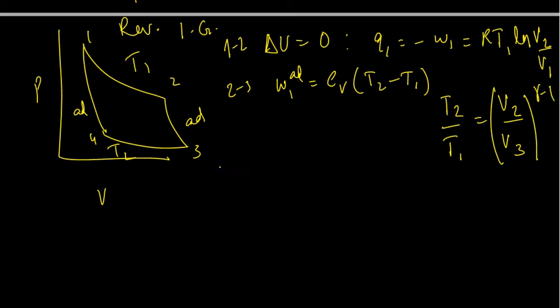Now, again, in the step 3 to 4, we again have delta U is equal to 0, right? And Q2 is equal to minus of W2, right?